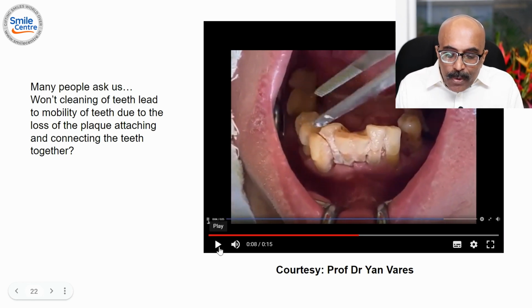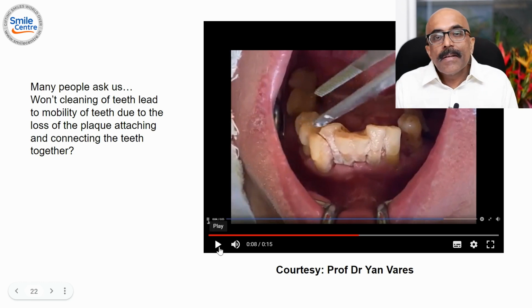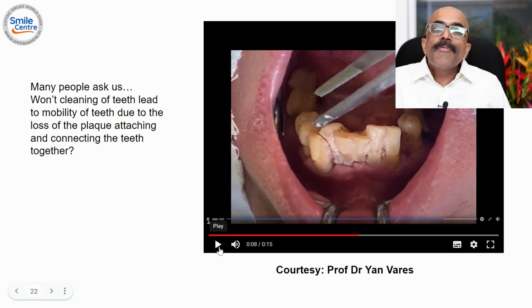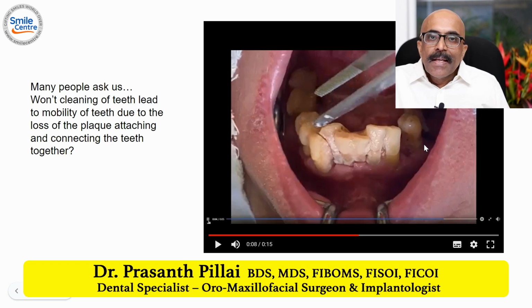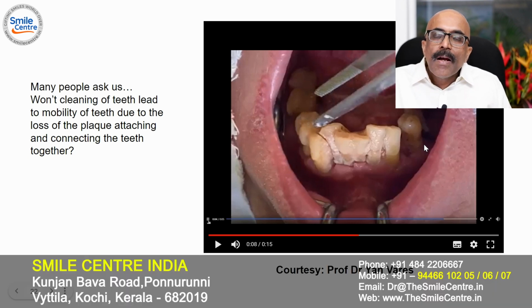There are people who ask me, doctor, what is the necessity to do a cleaning? Some people say that the teeth become mobile after the cleaning is done. Well, yes, that happens because the tartar is splinting all the teeth together, and once the tartar is gone, the teeth become mobile. It is only because you've not got the cleaning done at the right point of time. Once you get a professional dental cleaning done on a regular basis, such a scenario will never develop.